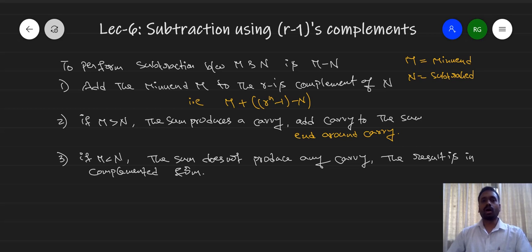So to obtain the result in familiar form, to obtain the result in normal form, we have to find the r minus 1's complement of the sum and add a minus sign in front of it.